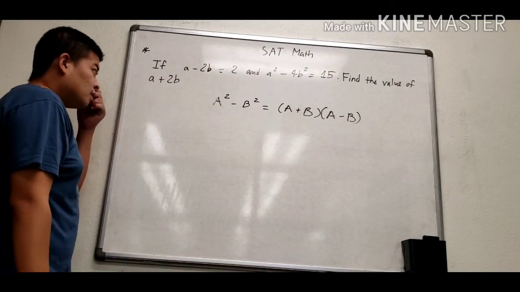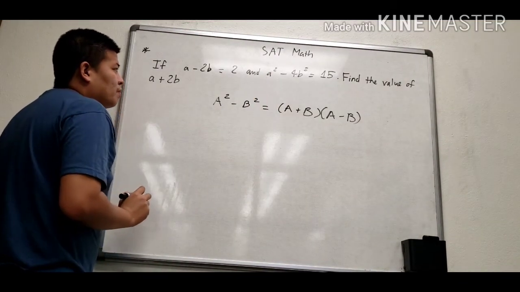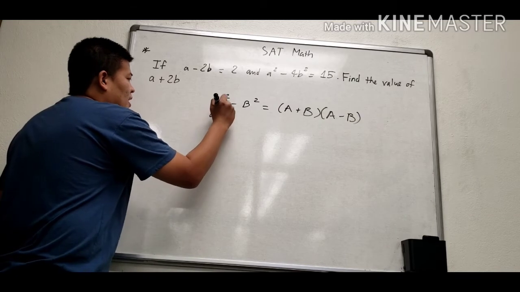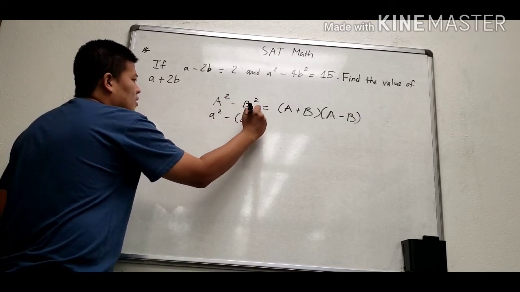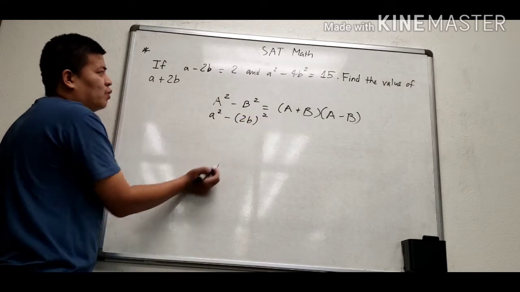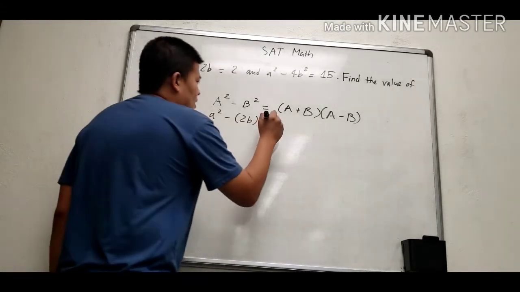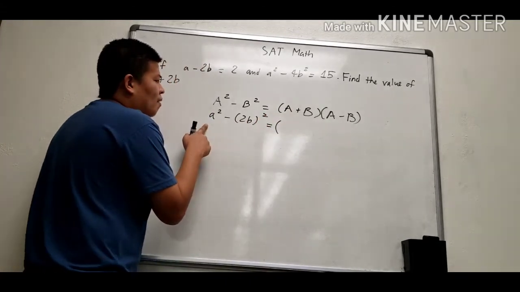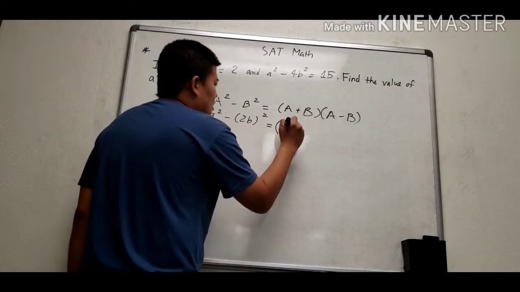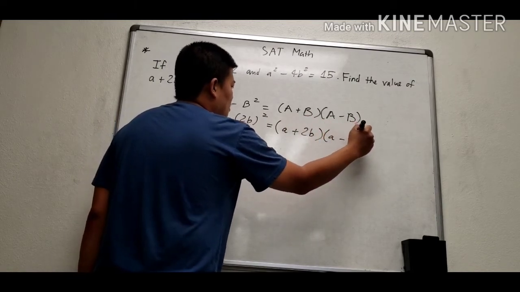We have a power 2 minus 4b power 2, just like this. Let's say 2 multiplied with the power 2, and we have 4b power 2. In here, we can have a and 2b. Let's see a plus 2b and a minus 2b.